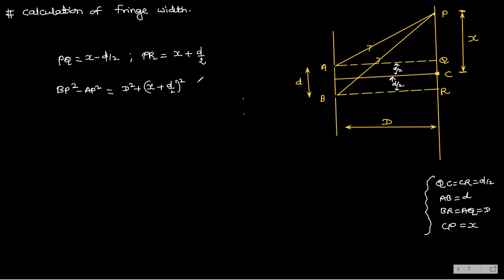That's why plus minus D square, I'm taking bracket, minus D square plus X minus d by 2 whole square. AP square is equal to AQ square plus QP square, and this PQ is X minus d by 2, that's why this is squared.